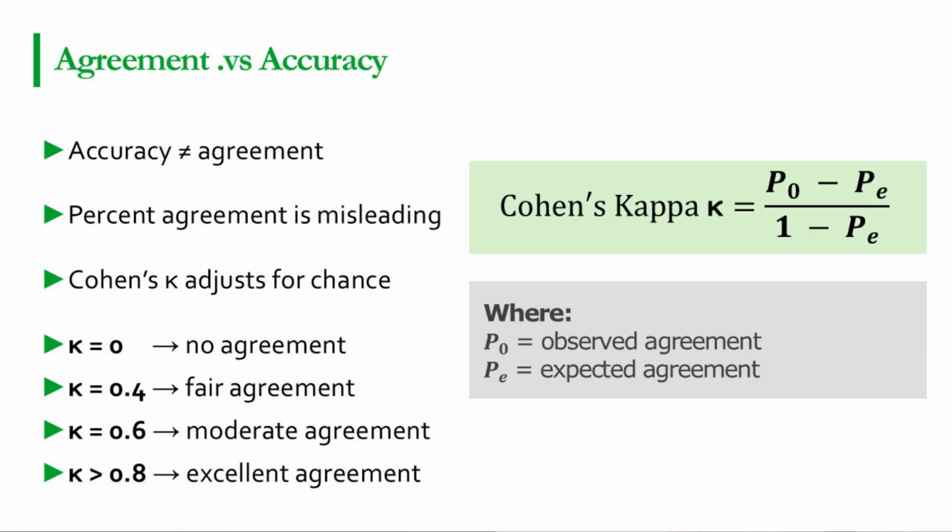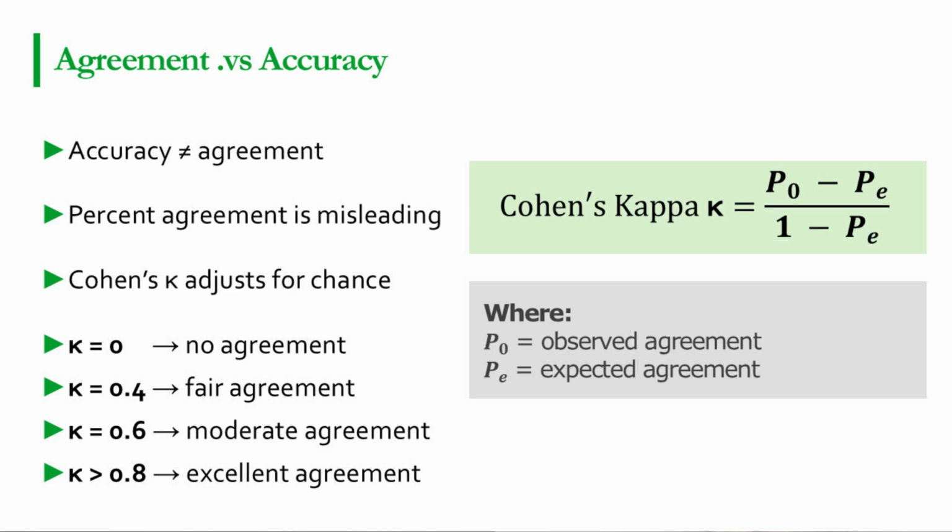Cohen's kappa ranges from 0 to 1, with 0 indicating agreement no better than chance and 1 indicating perfect agreement. Intermediate values are often labeled as fair, moderate, substantial, or excellent, but these benchmarks should be applied cautiously.